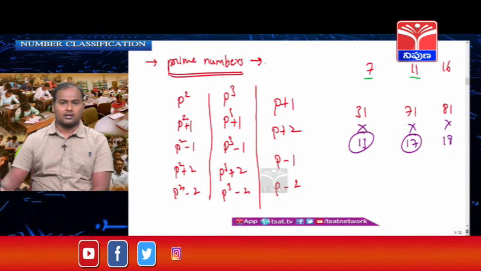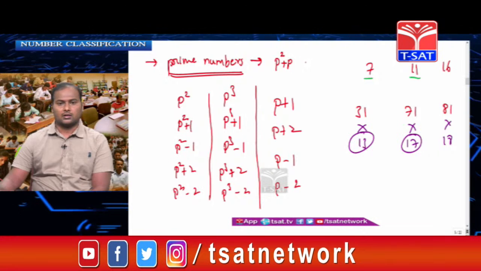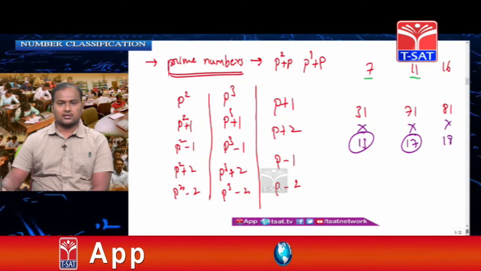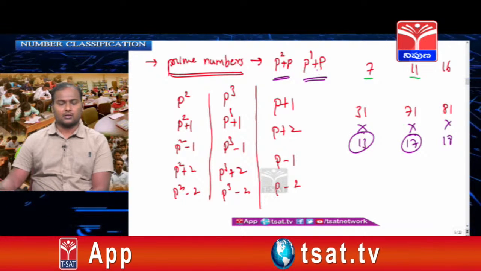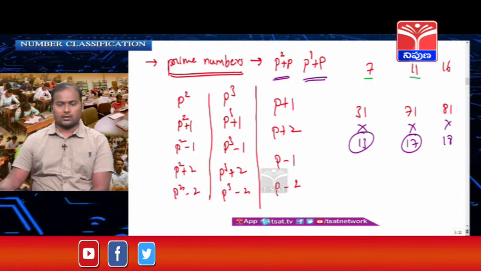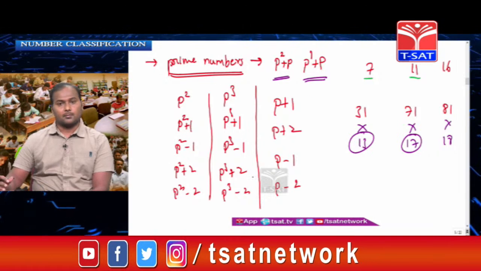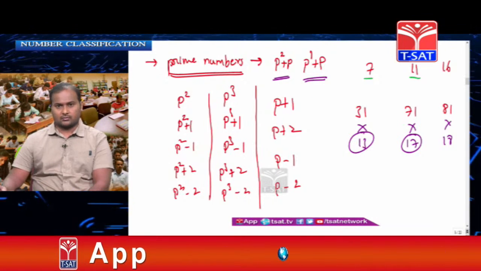And finally, he may ask prime number square plus p also, in the same way prime cube plus p. Whenever he asks the question in the format of prime square plus p and prime cube plus p, then it appears to be a difficult kind of question. So all these are the different possible numbers he may ask in the exam.